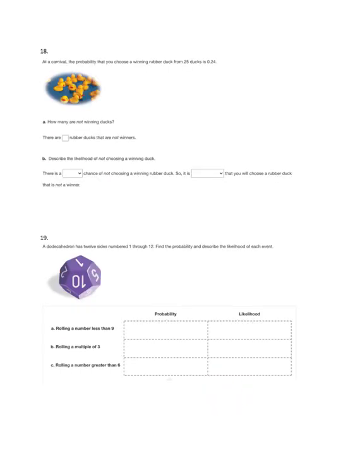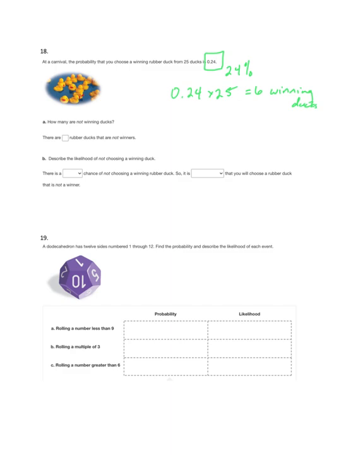Okay, then on problem 18, we have this carnival problem with the ducks. We're given a probability of choosing a winning duck at 0.24. We could also think of this as 24%. So if we want to use that probability to figure out how many winning ducks there are, we could multiply 0.24 times 25, and we get 6 winning ducks.